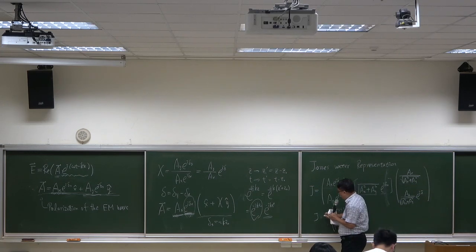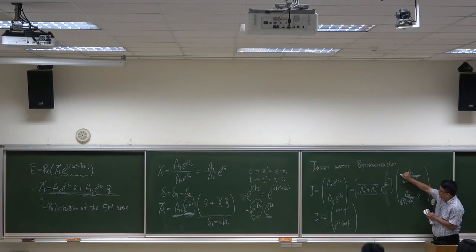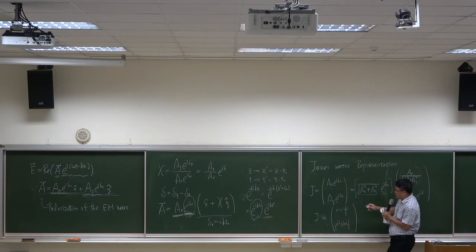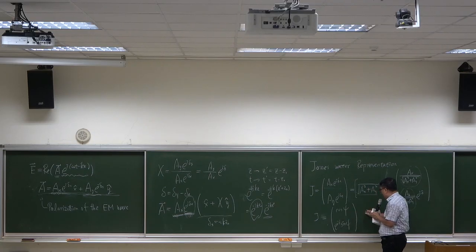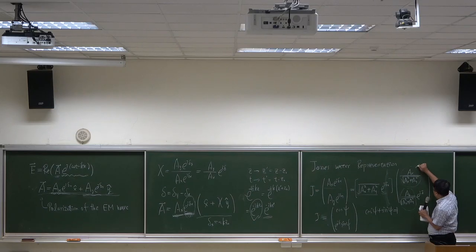That's because the sum of this square plus this square is equal to 1, just like cosine squared plus sine squared equals 1. So we can define this as cosine psi, and we can define this as sine psi.